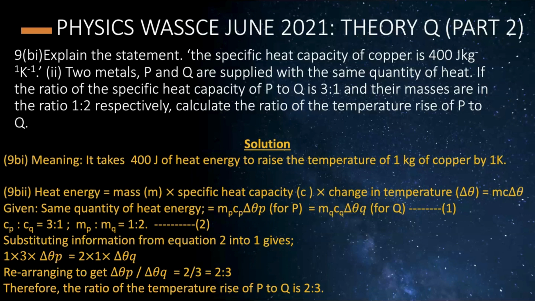Now you want to make sure that you do not misinterpret temperature rise to mean maybe one of the temperatures. When you are looking at this topic, you will come across different types of temperatures. There is theta 1, theta 2, which could mean initial temperature, final temperature.